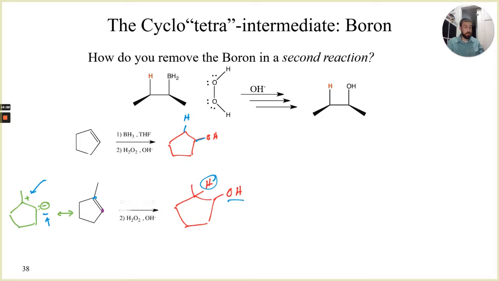Right? Our BH3 reagent is our boron and our hydrogen. And in this case, the boron is the electrophile. It is the positive species, which means our electrons go here, and our hydride goes there, which means our kind of first step product would be our hydrogen here and our BH2 here.